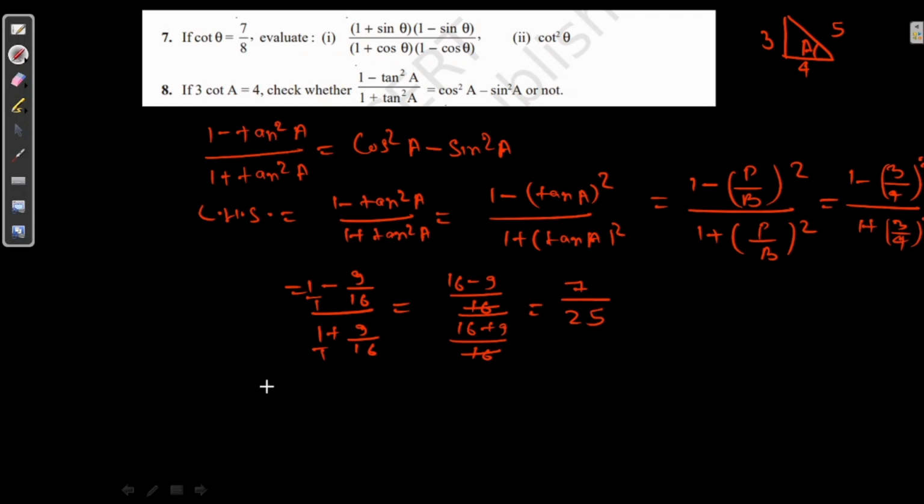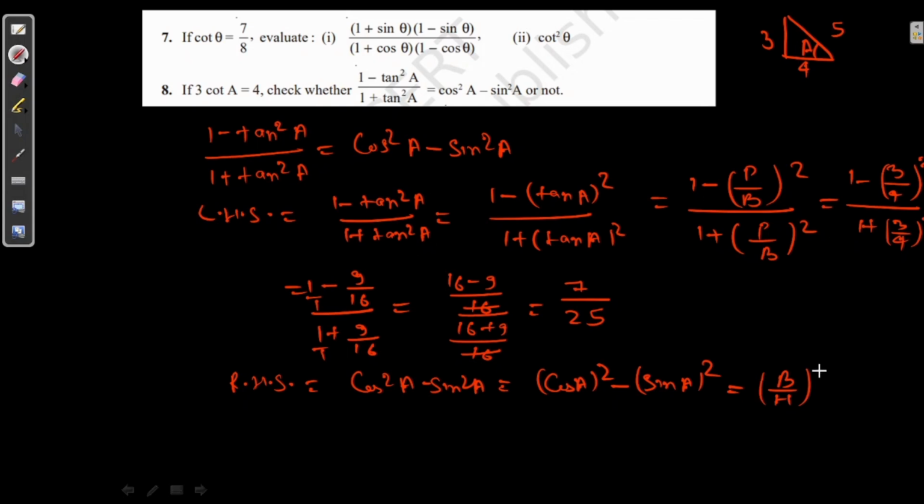Now I have to solve the right hand side, which is cos square A minus sin square A. We can write cos A whole square minus sin A whole square. What is cos A? Cos is actually Pakistan bhuka pyasa. Remember, B by H. So this is B by H square minus sin A is what?